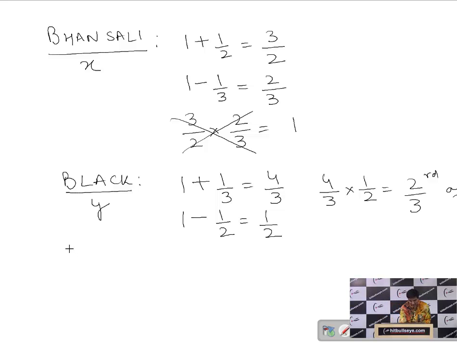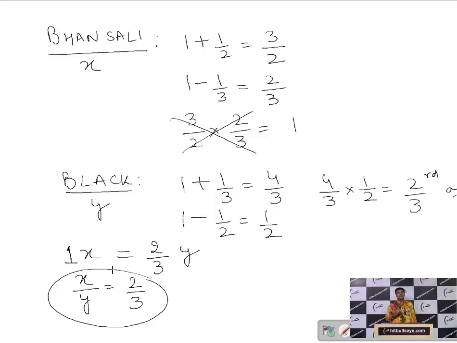So that means 1x is equal to 2 by 3 times y, which is the original salary of Mr. Black. Now here we need the ratio of x upon y, which we can clearly examine is 2 by 3 itself, which is the final ratio and our answer.